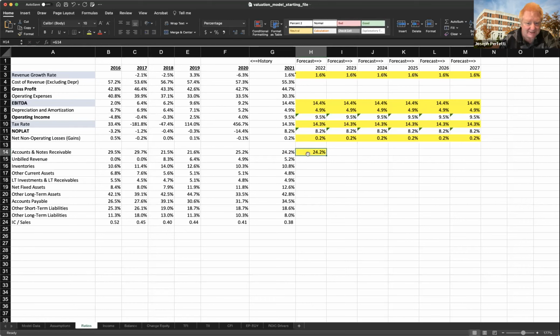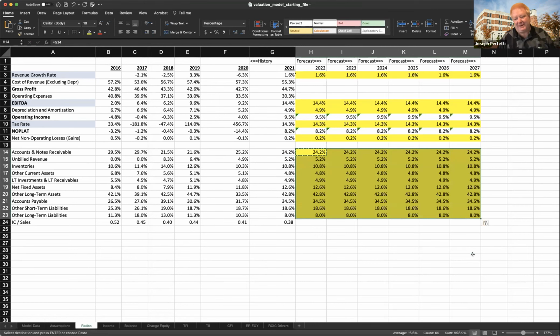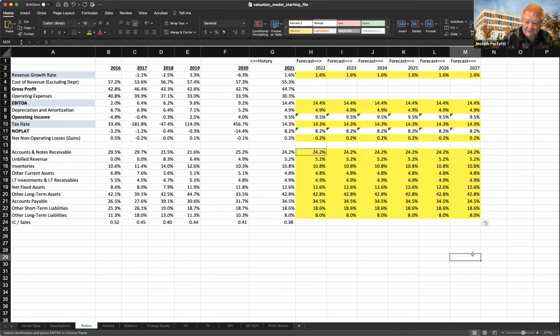Then I'm going to take cell H14 and copy it, select all the way down to M23 and paste it. This is just saying repeat, equal the previous year, all the way through column M, which is 2027, for all these ratios.